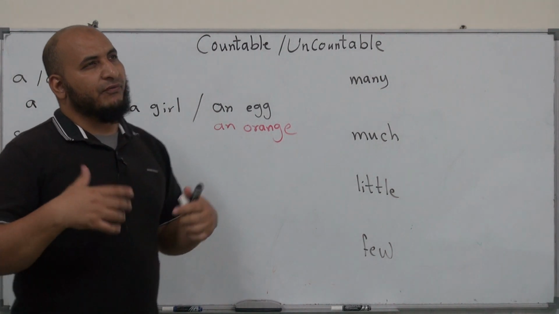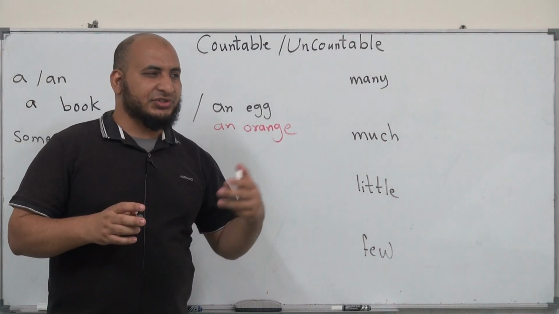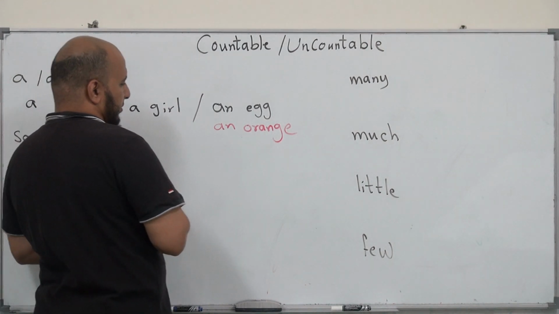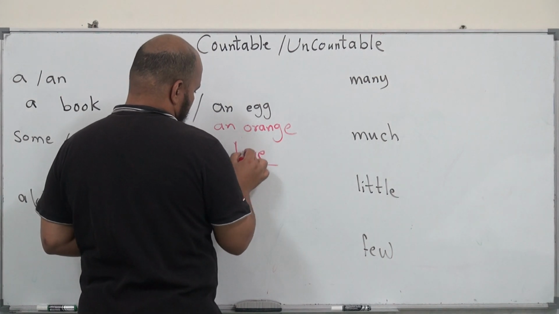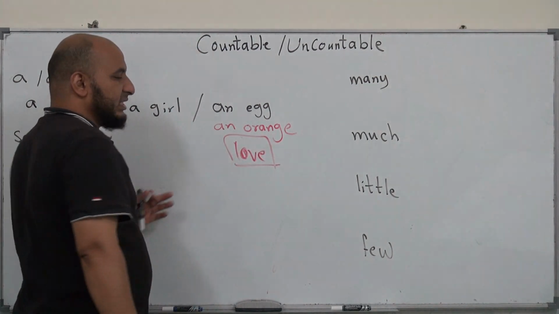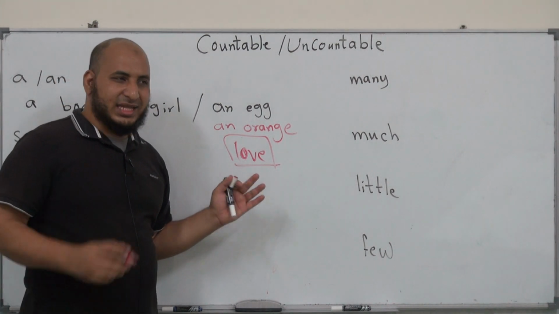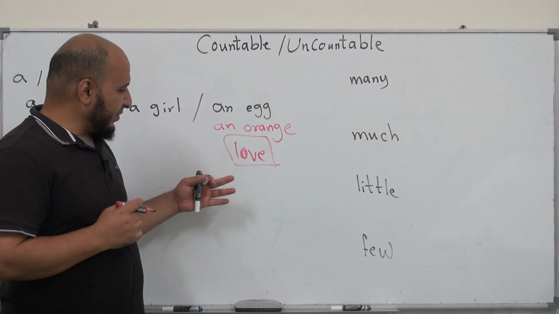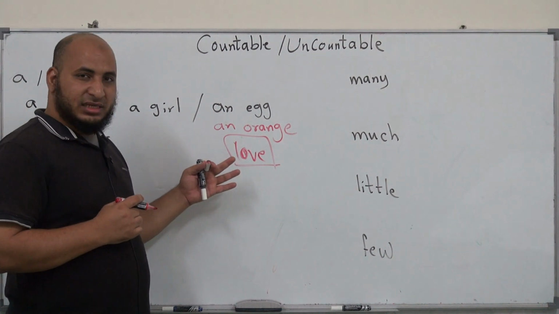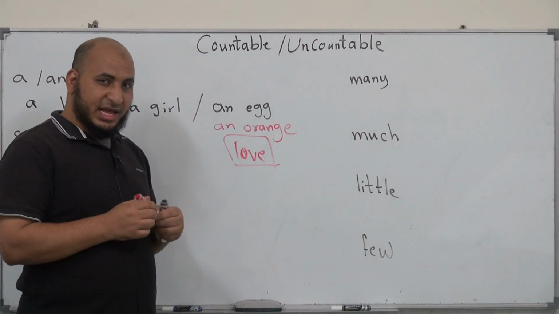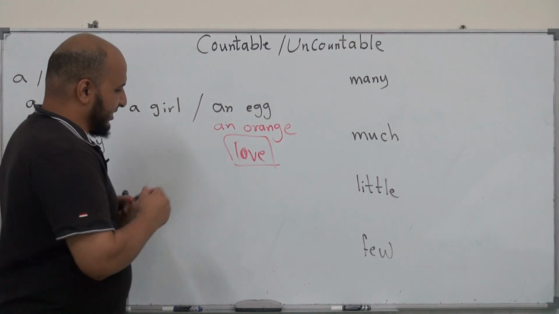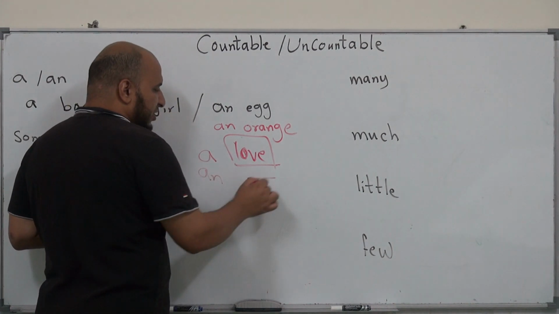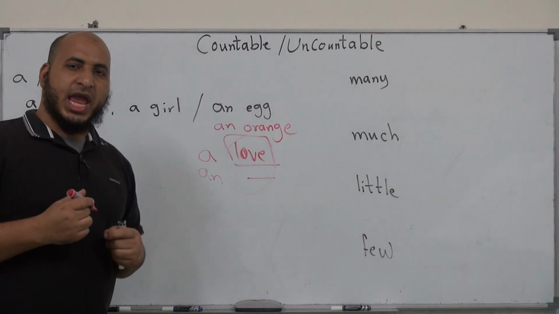What about the abstract nouns? The nouns of feelings, such as love, hatred, and dignity, and thinking, and so on. You can't write a or an with the abstract nouns.